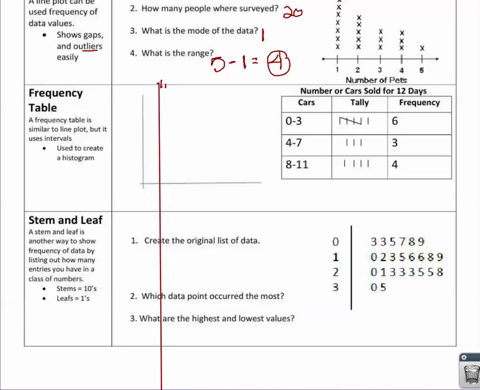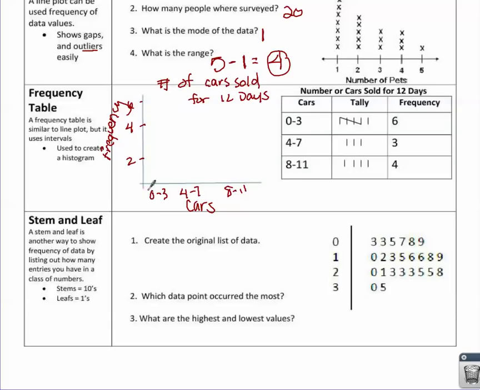So that's your title. At the bottom you'll have cars because that's your interval. And off to the side you'll have frequency because that's how many are in each interval.